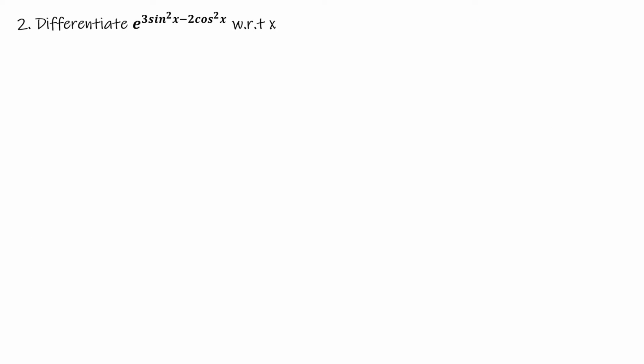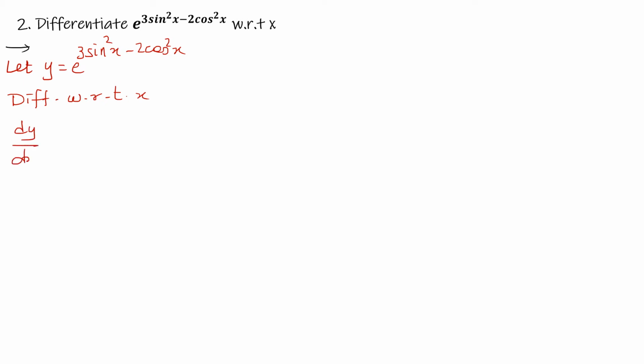And the next question is: differentiate e raised to 3 sine square x minus 2 cos square x with respect to x. So again, I'm starting with let y be e raised to 3 sine square x minus 2 cos square x. Now differentiating this with respect to x, dy by dx is equal to d by dx of e raised to 3 sine square x minus 2 cos square x.